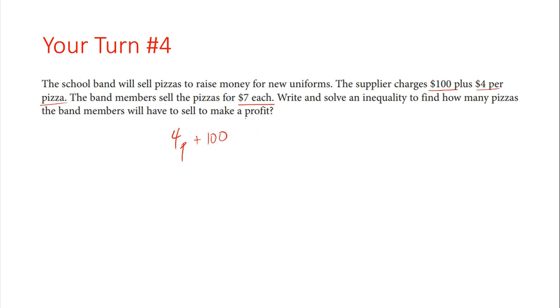What symbols do you use? And just try to figure out how many pizzas they need to sell to make a profit. They sell the pizzas for $7 each. That's what I'm thinking.